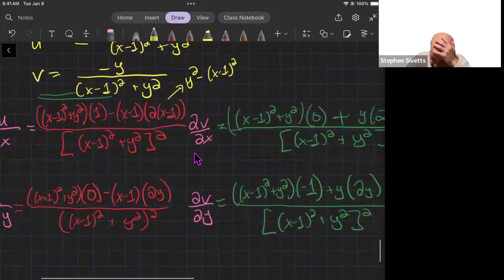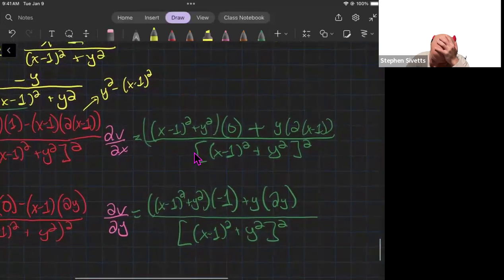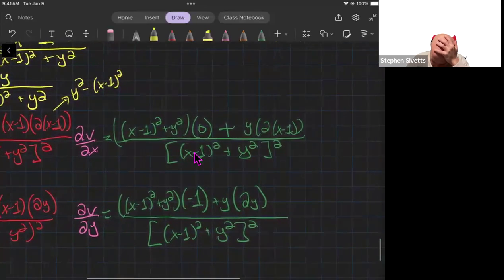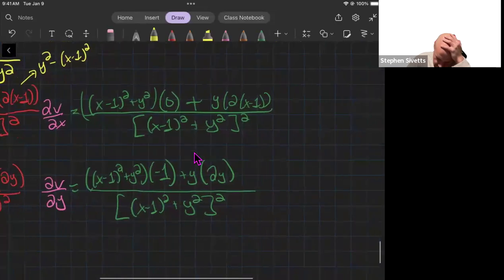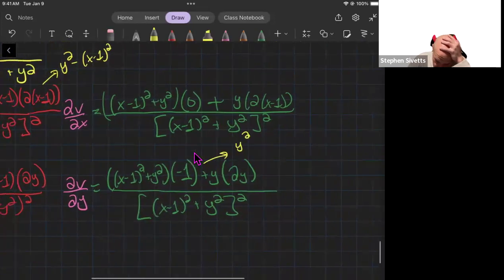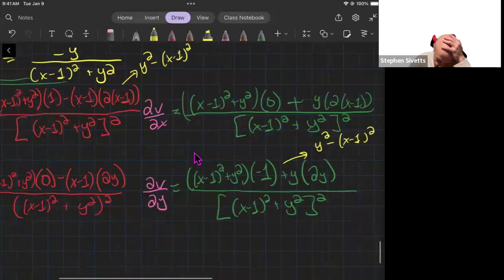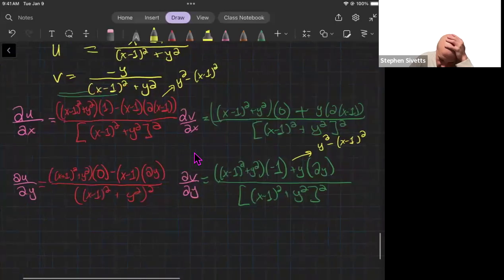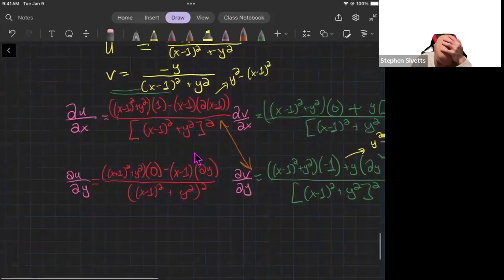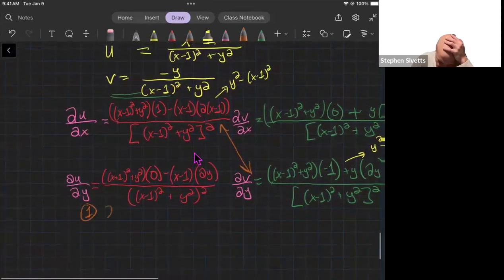And we have that here in the partial of v with respect to y. This quantity is equal to 2y squared minus x minus 1 squared minus y squared, so we'll have y squared minus x minus 1 squared. So we can conclude that the partial of u with respect to x is equal to the partial of v with respect to y. So we have that checked.